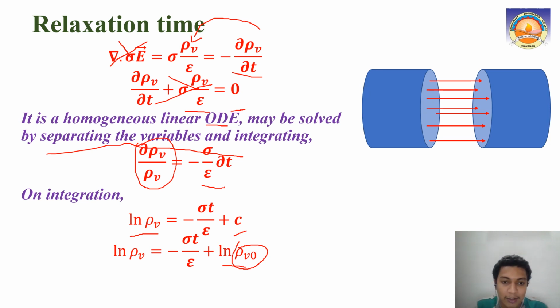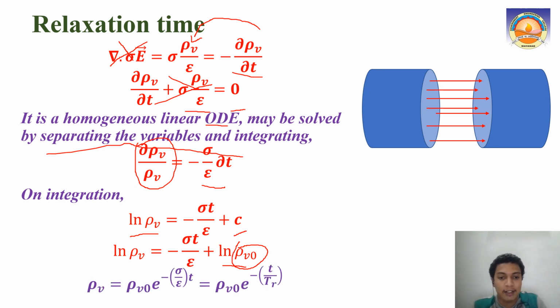Since I have ln on both sides, if we take the exponential of that, we will get rho V equal to rho V0 into e raised to minus sigma by epsilon into t.